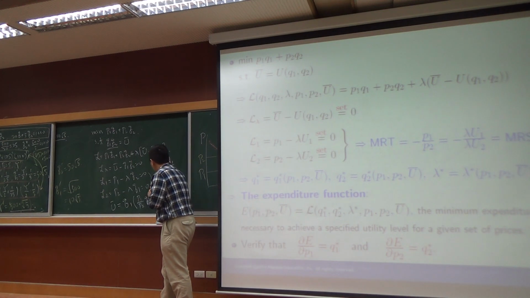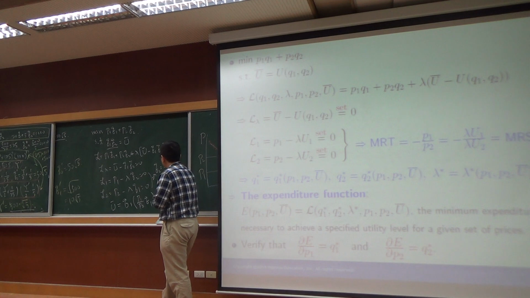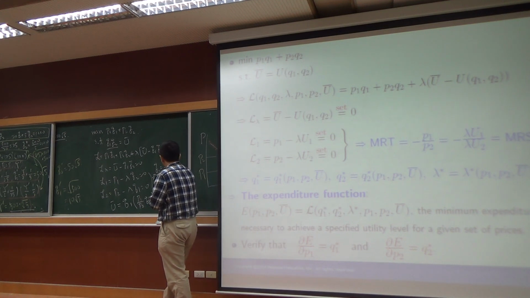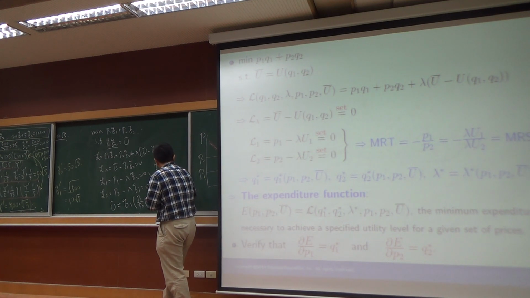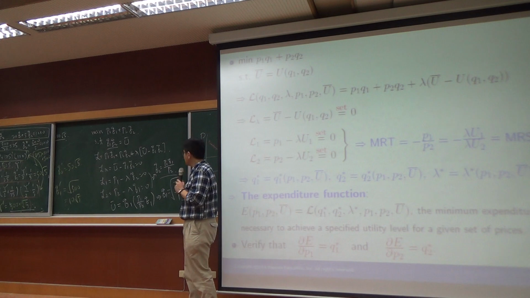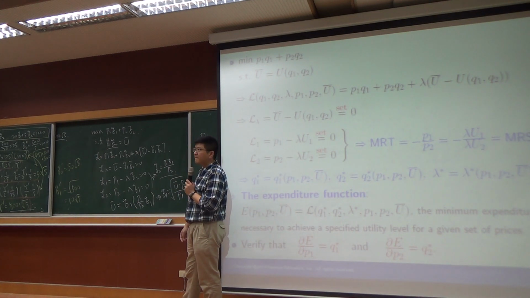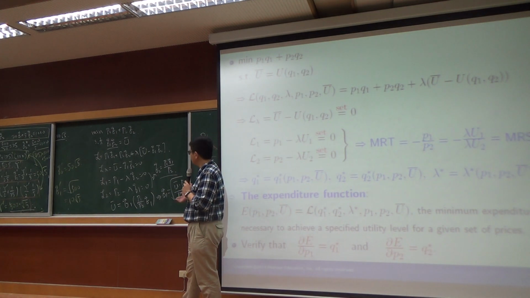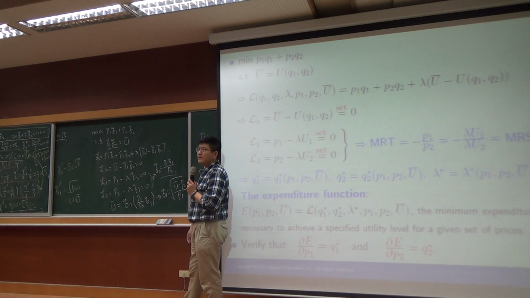So, we have Q1 to be the square root of what? Of U bar P2 over P1. Is that right? Yes or no?